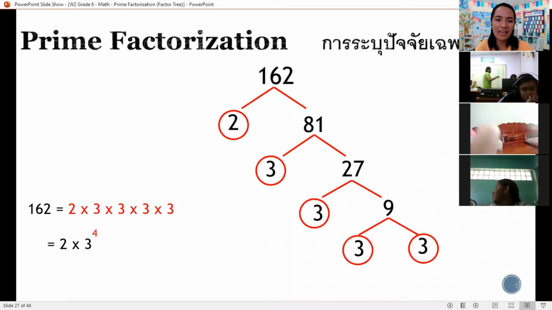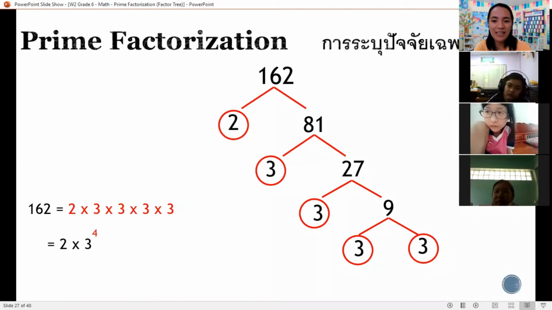Now let's move on here. We have 162, 2 times 81, and the factors of 81 are 3 and 27. Again, the composite number is 27, so we'll be doing 3 and 9. And what are the factors of 9 here on the screen? 3 and 3.